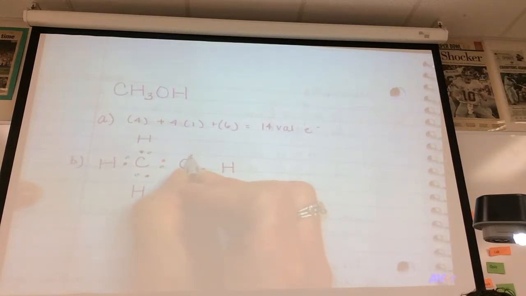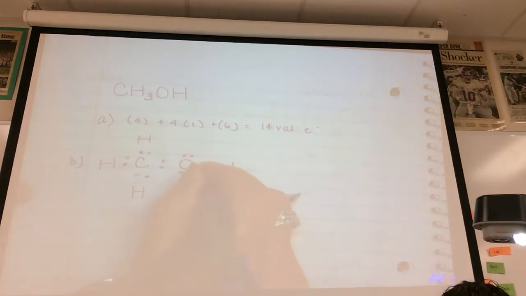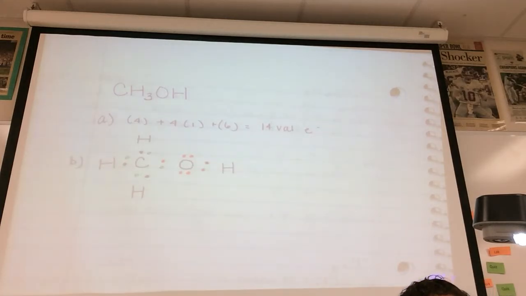3, 4. Now when you double up, you can't double up between atoms, so you're going to double up on the top and the bottom. And hydrogen's other valence, 1 valence electron is right there. Get a count. 2, 4, 6, 8, 10, 12, 14.